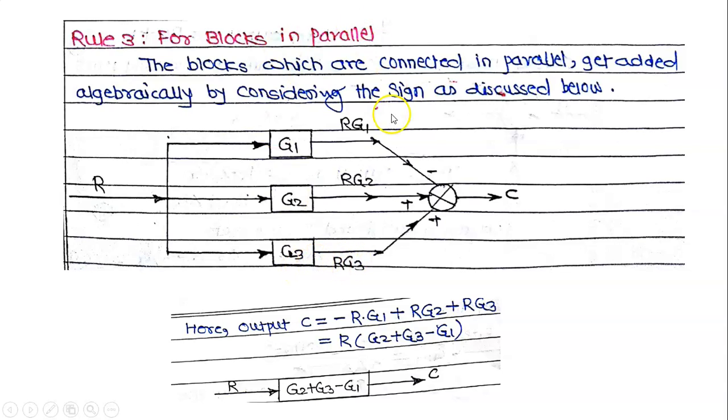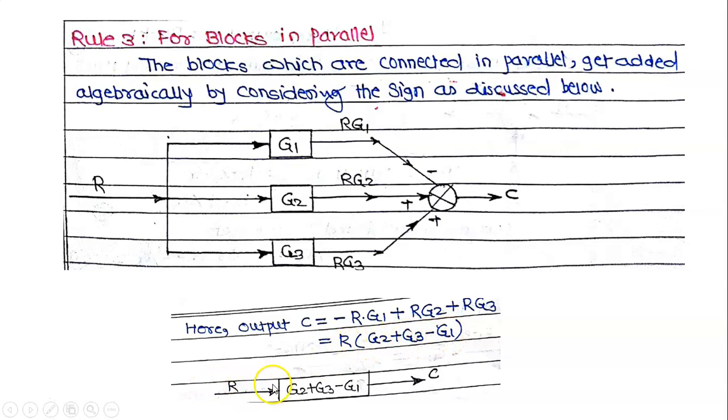Now the signal from G1 is negative, the signal from G2 is positive, the signal from G3 is positive, and all these three signals are coming to one summing point, and this is the control output C. Therefore control output C is equal to, you can write, minus RG1 plus RG2 plus RG3, which is equal to C equals R into bracket G2 plus G3 minus G1.